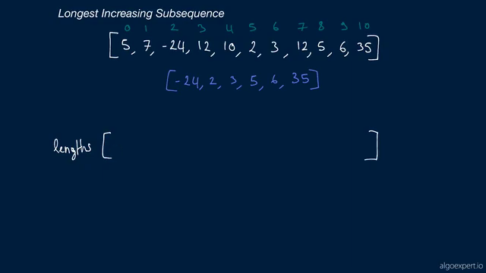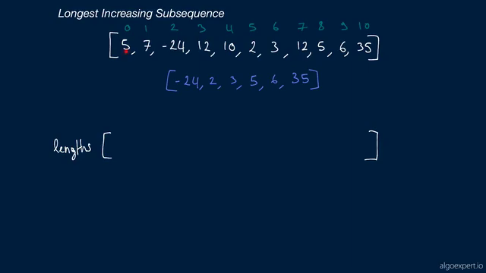And at each index I of this lengths array, we are going to store the length of the longest increasing subsequence that we can form with the last number in that increasing subsequence being the number at index I. So at index 0, we're going to store the length of the longest increasing subsequence that ends with the number 5 that's stored at index 0, and that only uses numbers that come before this index in the array.